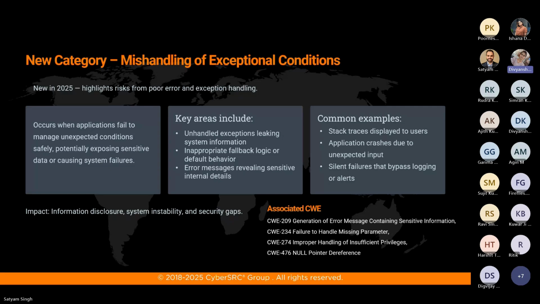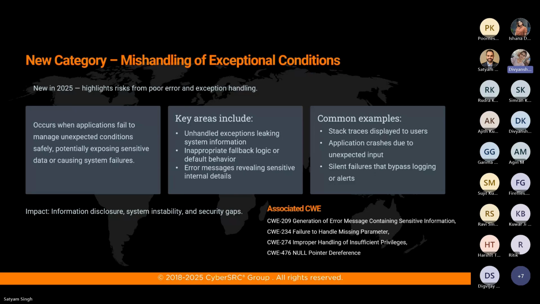Under associated CWEs, there is CWE-209, which is the generation of error messages containing sensitive information. In simple words, anything that is not in my scope to see, that is not needed to be shown to the user, and it's shown.